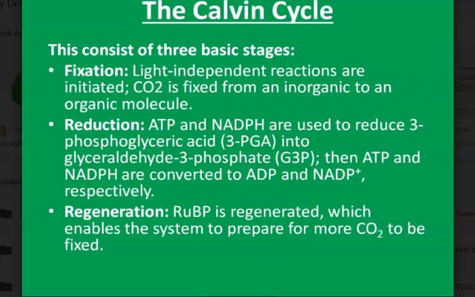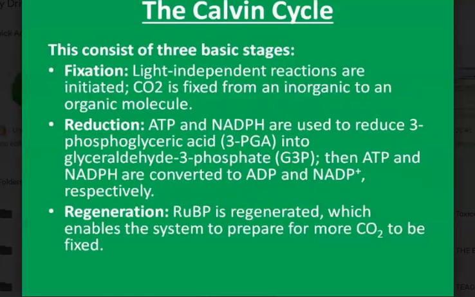ATP and NADPH are converted to ADP and NADP plus respectively. In other words, the NADPH becomes oxidized; it loses the hydrogen to become NADP plus.